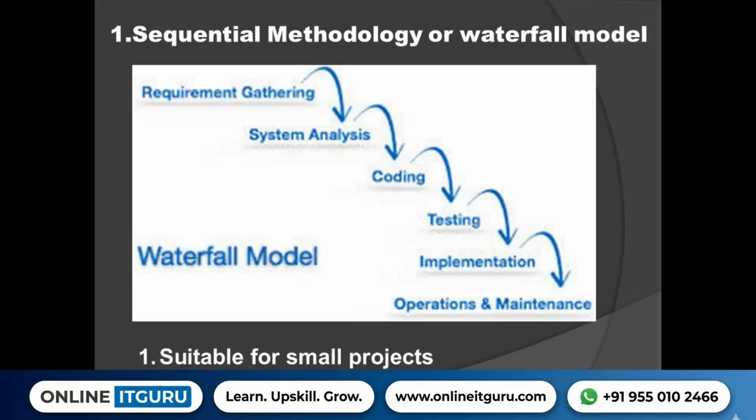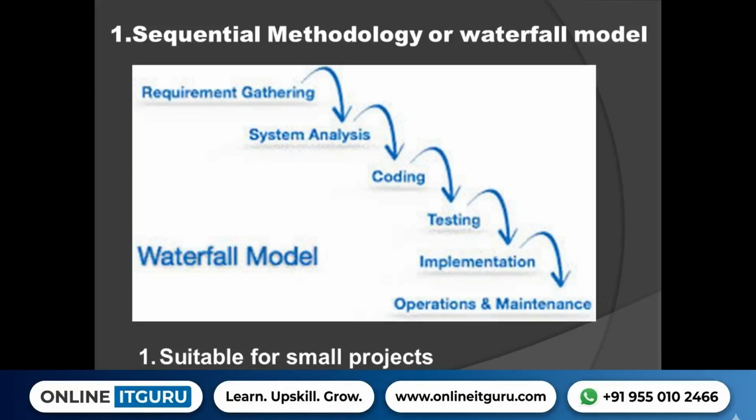Okay, that is where the requirements are completely fixed and clearly understood, and the client is going to ensure that there won't be any change request. So for that kind of projects we are going to use sequential methodology.